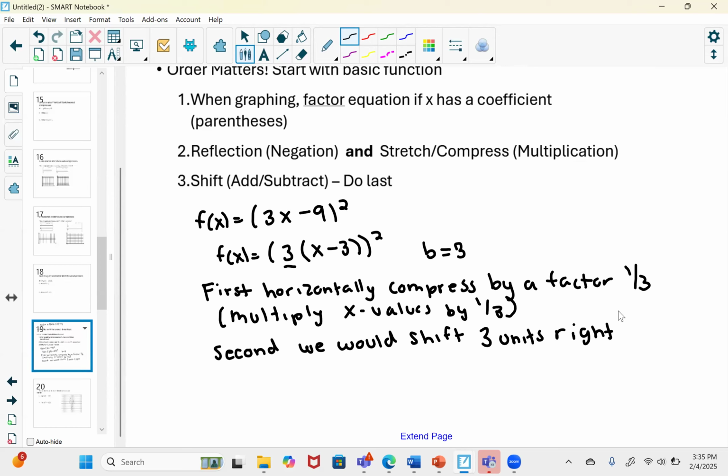Okay. So we would always, again, first compress, then shift right or left. If we had a negative, then we would reflect first, and then again, shift left or right.